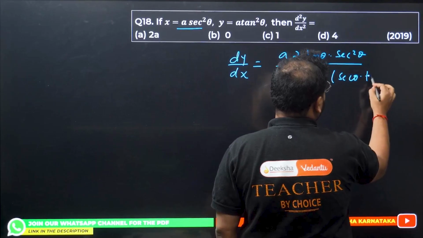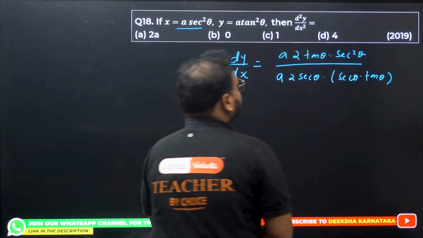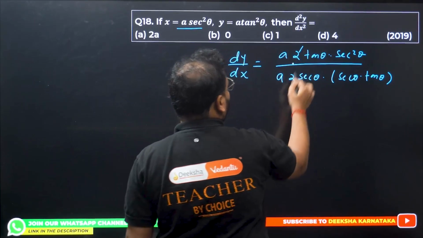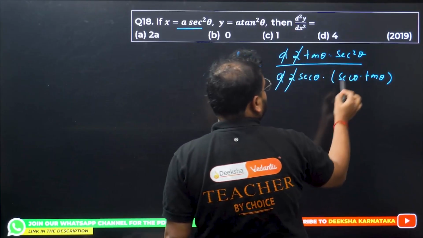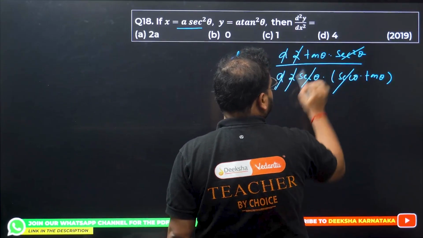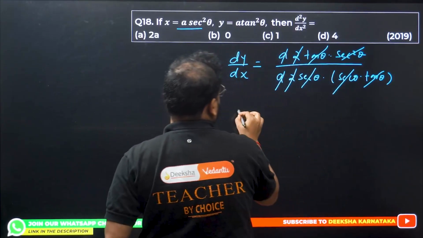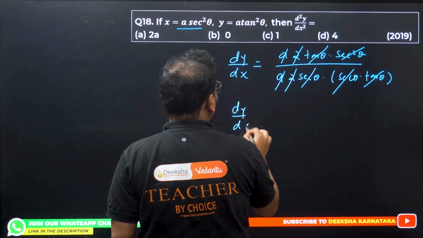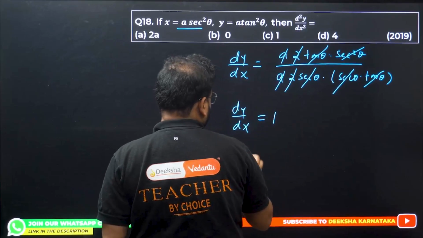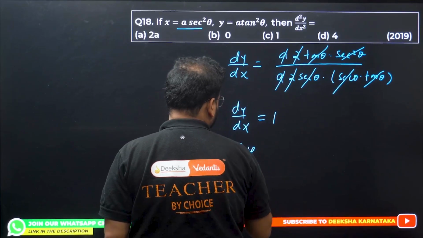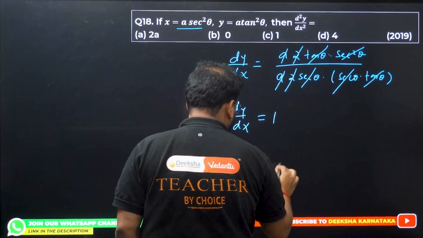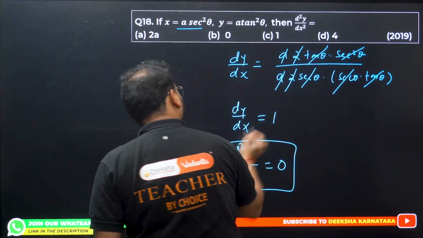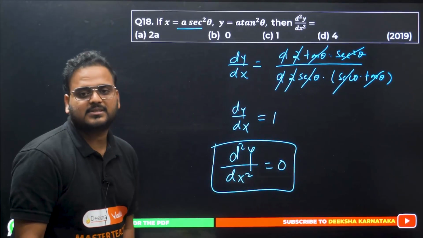Cross check: 2 a cancel, sec and sec cancel, tan and tan cancel. So my dy by dx is coming as 1. So d square y by dx square will be 0. Constant derivative is 0. Option is B.